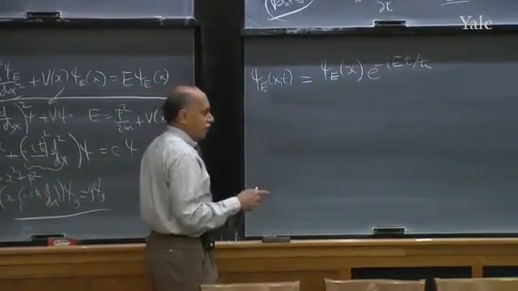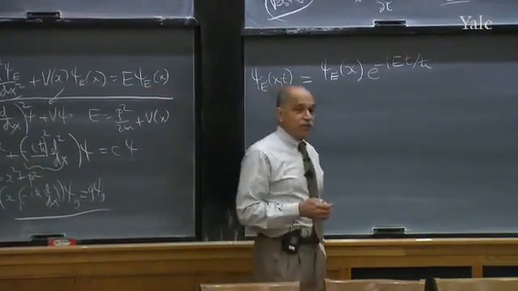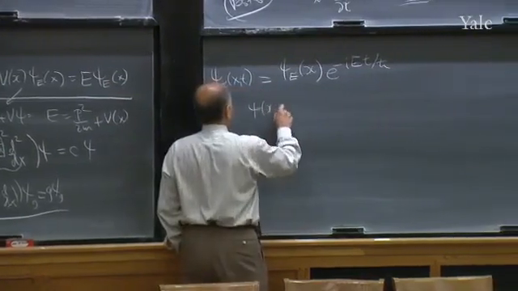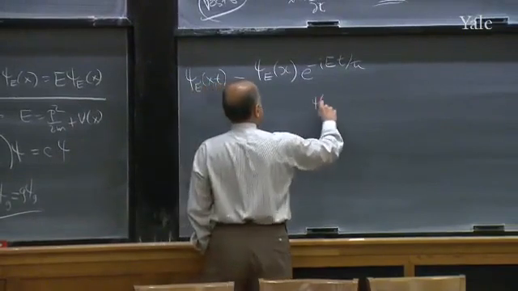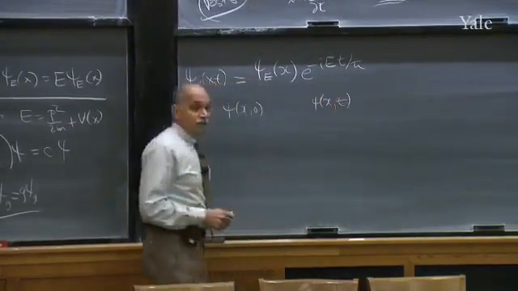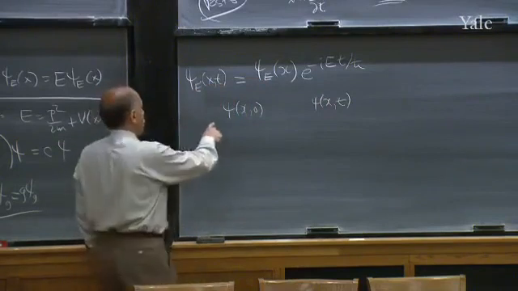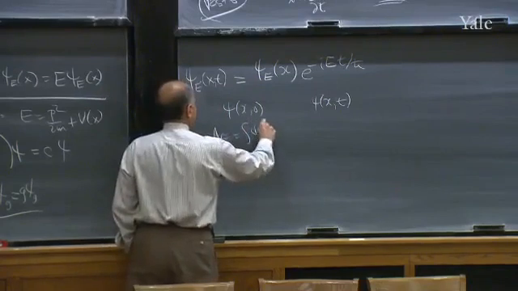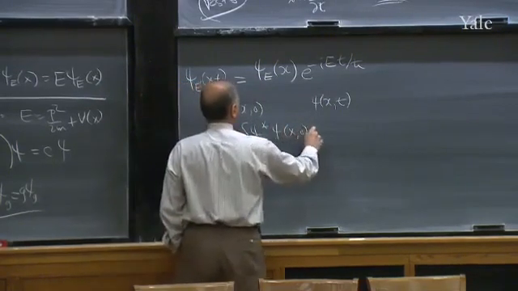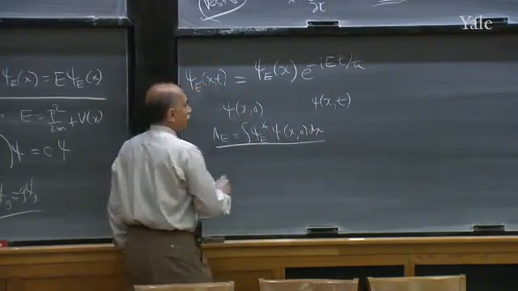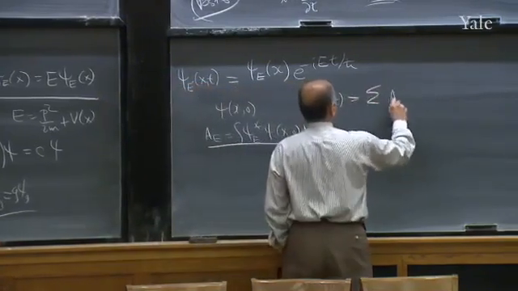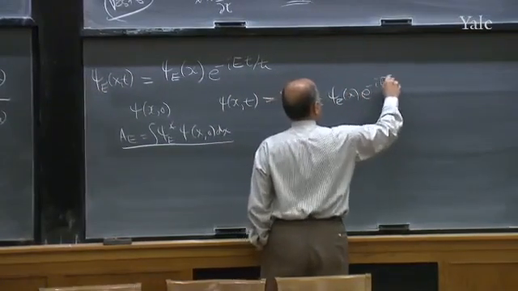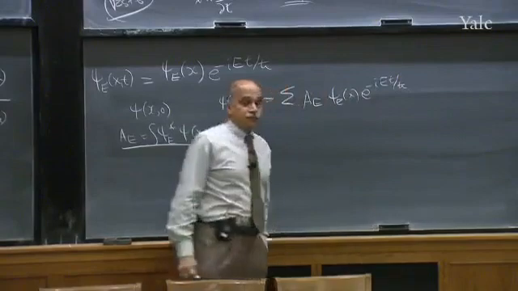But then I said, maybe I don't want to start in a state of definite energy. I want to start in an arbitrary state. At some time 0, I'm going to give you a psi of x and 0, and I'm going to ask you, what is the fate of this state if I wait some time t? The simple answer is, take psi of x and 0, calculate a sub e, which is the integral of psi sub e star times psi of x and 0 dx, and then psi of x and t is the sum of a sub e psi e of x times e to the minus i e t over h bar.